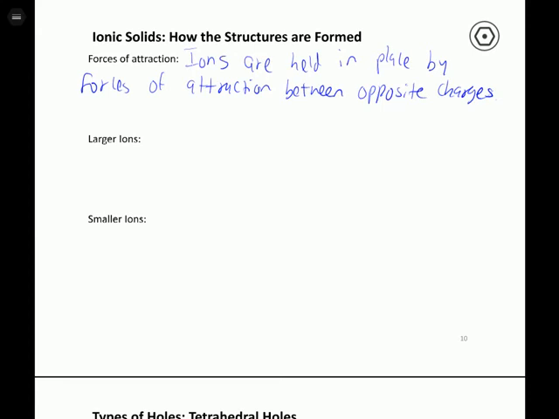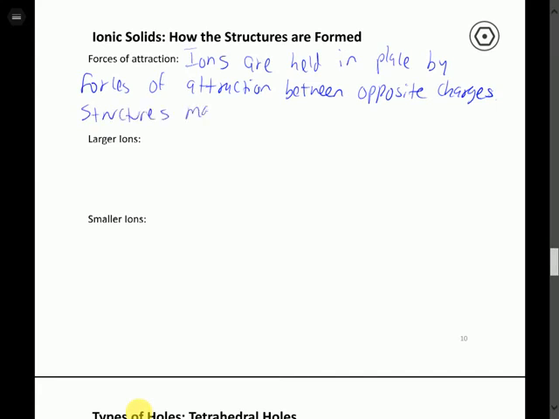And the structures that these compounds adopt, they're going to maximize those attractions and minimize repulsions. So we're going to try to arrange the ions in the positions that allows the attractions to be maximized, and then minimize repulsions between the like charges.